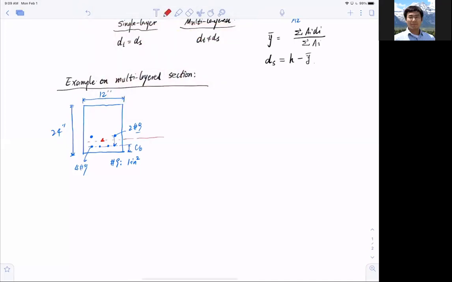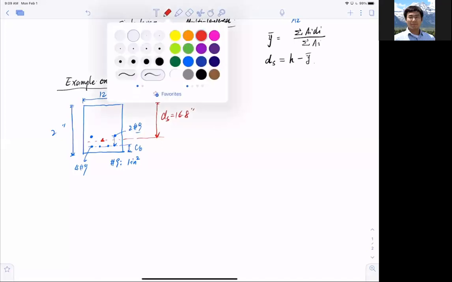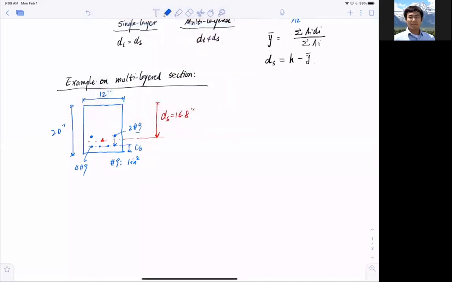Save you the calculation. Let's just say I already calculated this one to be 16.8 inches. And by the way, sorry, this is not 24. Let me make this correction. This is 20. And the depth of the bars, which is the last layer reinforcement here, dt equal to 17.5 inches.